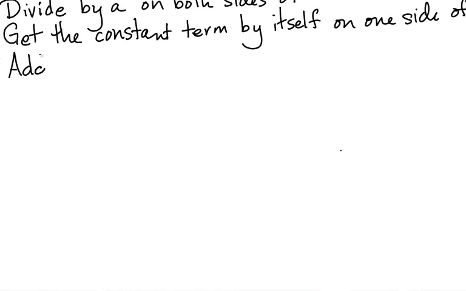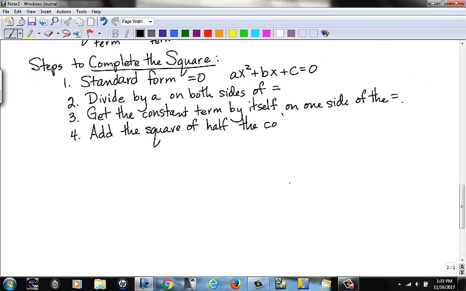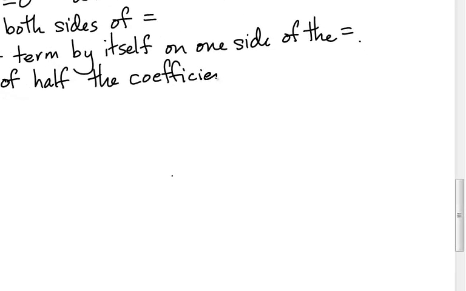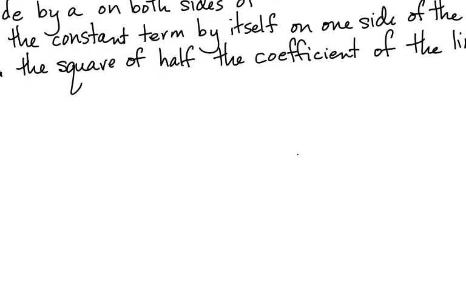Step 4, add the square of half the coefficient of the linear term to both sides.